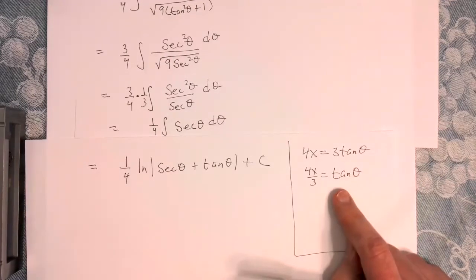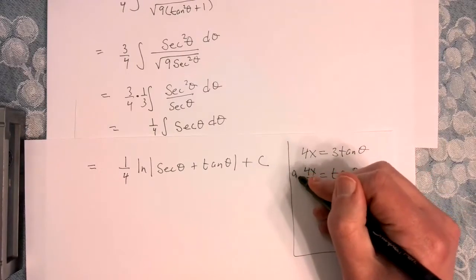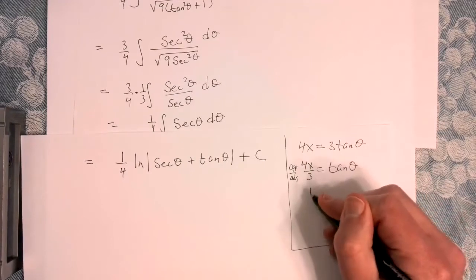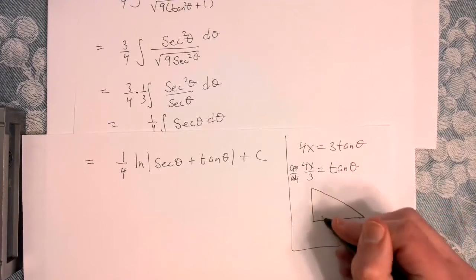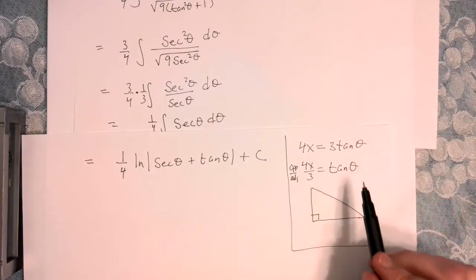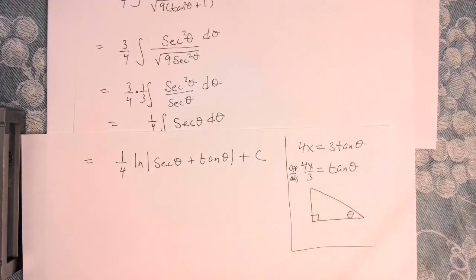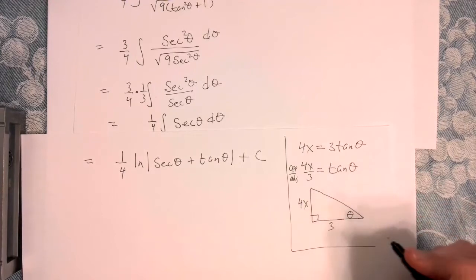Because just think of how tangent's defined, right? It's opposite over adjacent. So that's going to be the side opposite theta. That's adjacent theta. And this is powerful because this allows me to relate x's to thetas, right? So here's theta. So I've got opposite over adjacent.